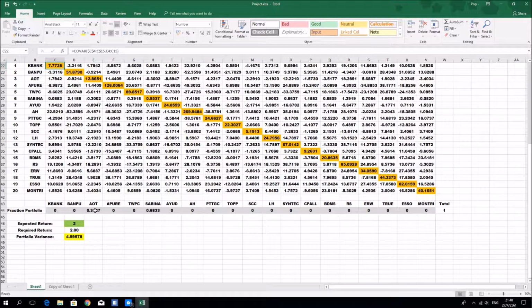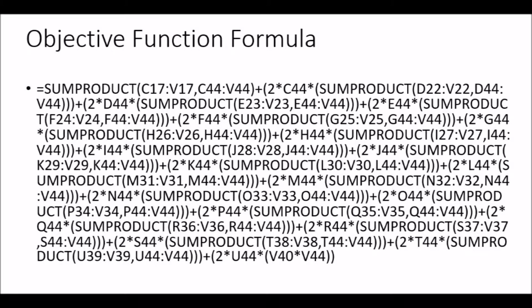And then we go to the constraints, which is that the expected return should be greater than or equal to the required return, and then our objective function, which is to find the portfolio variance right here. The formula will be given right now.